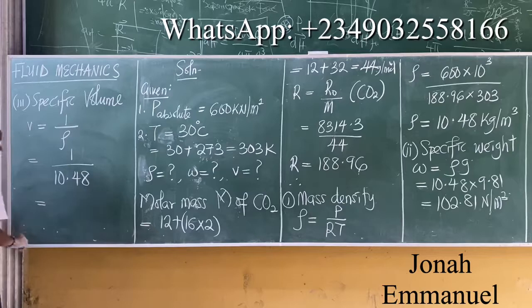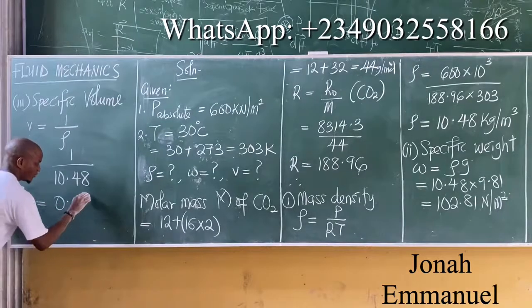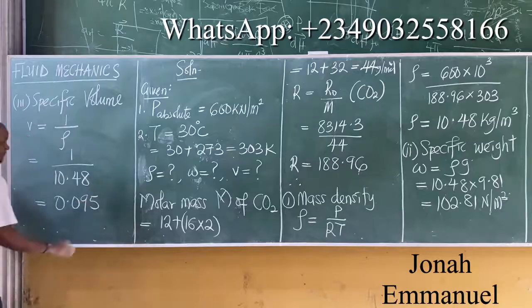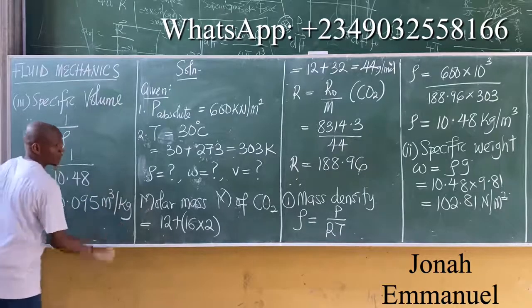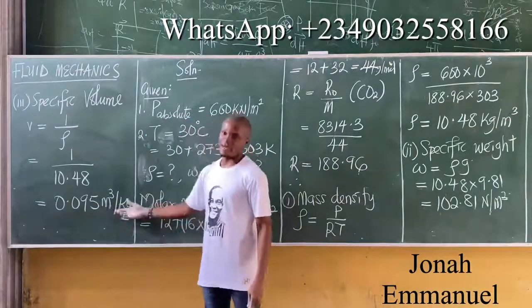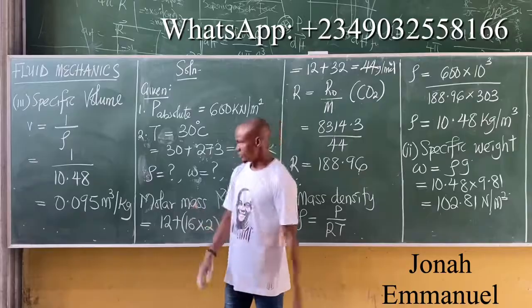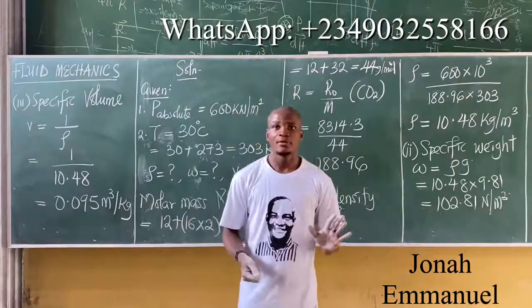Please give me the value. 0.095 units. Meter cube per kilogram. We say it is volume over mass, the inverse. You have this. All right. Any questions, please? That's it.